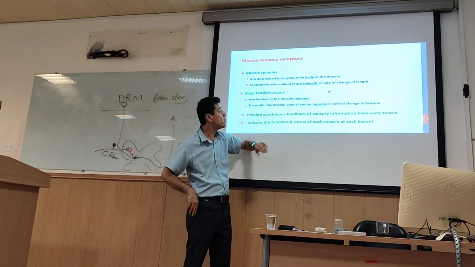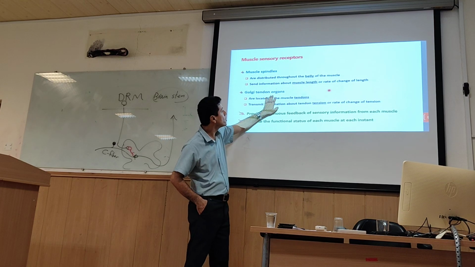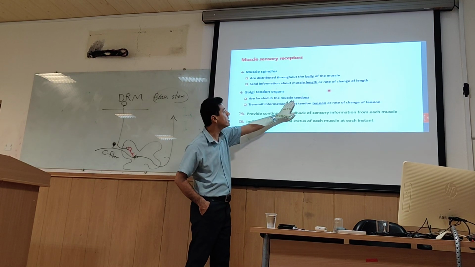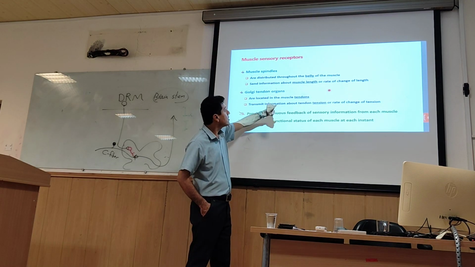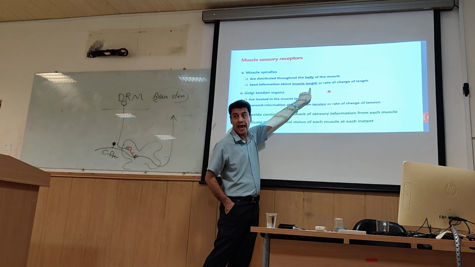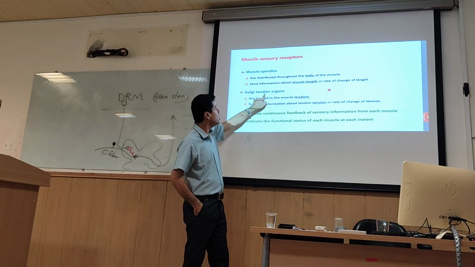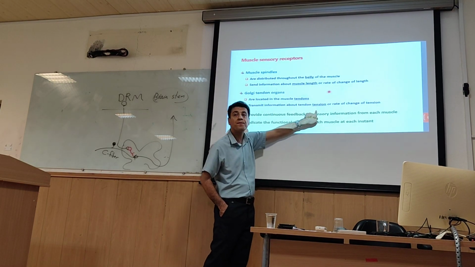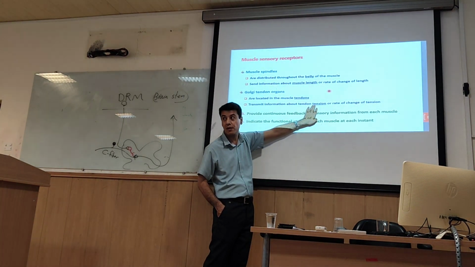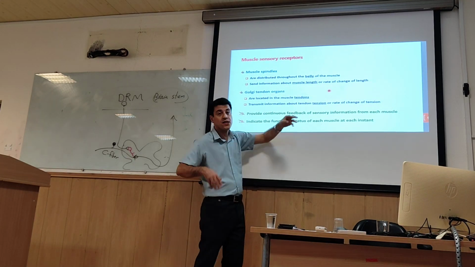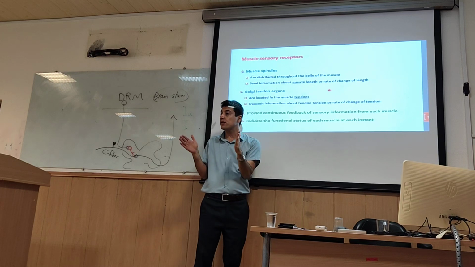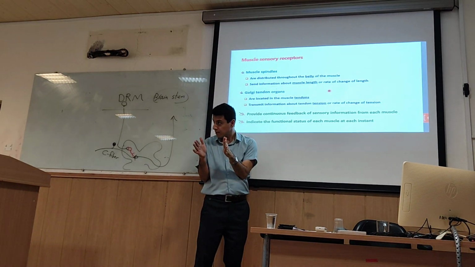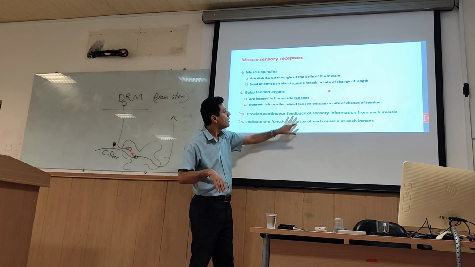But Golgi tendon organs, or GTOs, are located in the muscle tendon. Muscle spindle is a receptor of length, but GTO is a receptor of tension or force. So this one is activated when you stretch a muscle, but this one is activated when a muscle contracts. Right? So they are different.